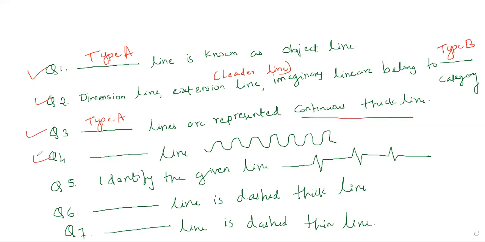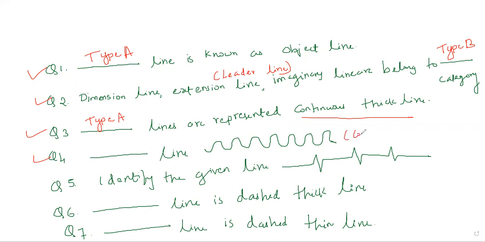Question number 4. Identify the type of line. I have drawn one kind of line here. Can you please identify the particular line? It is very clear that these lines are drawn freehand only. It is a continuous thin freehand line.